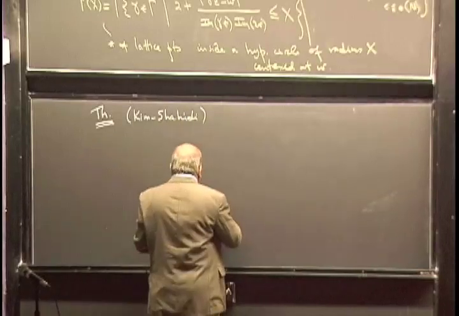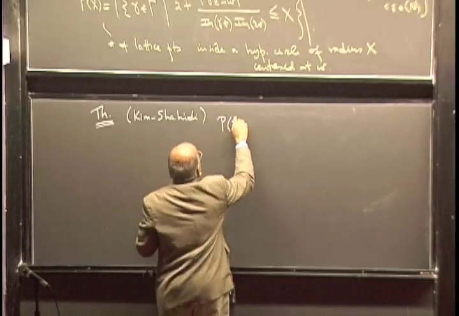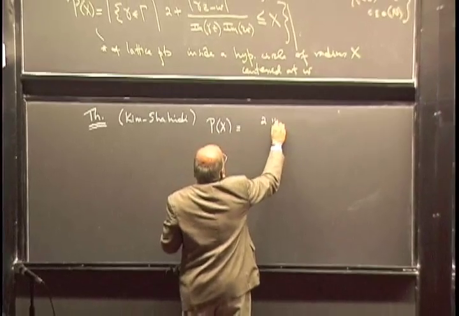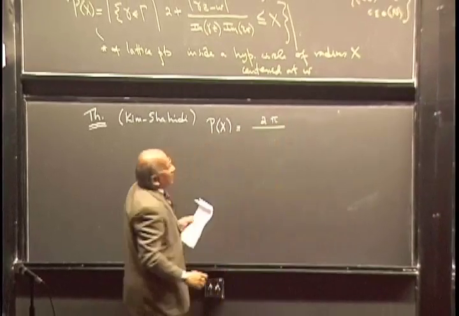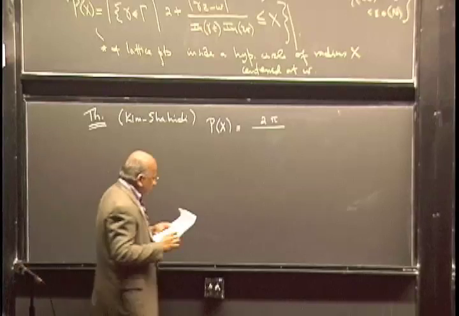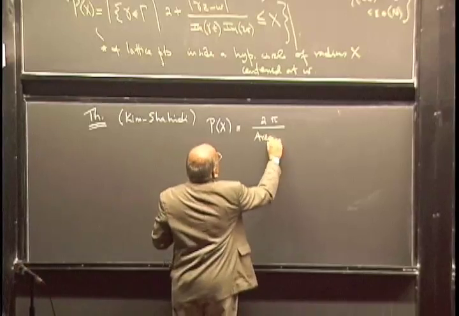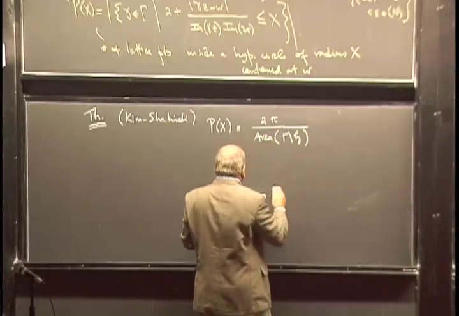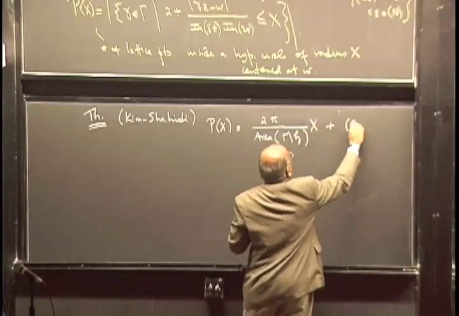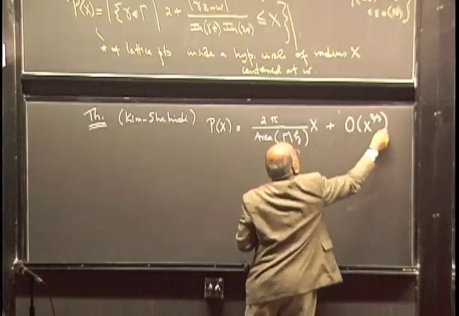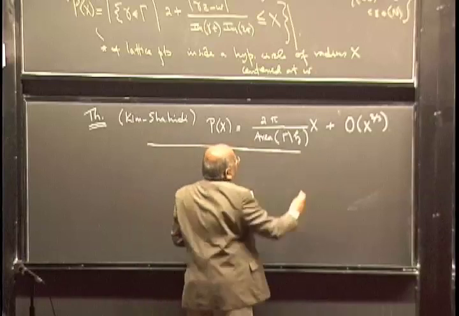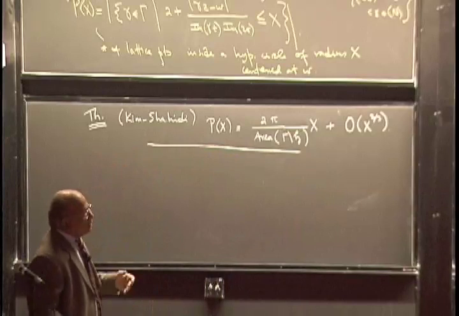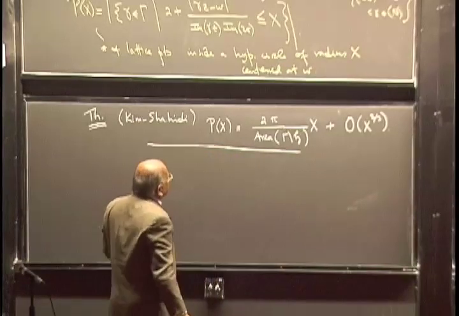They proved that P(x) is equal to 2, by the way, this 2 may have to be 1 if minus 1 is not in the group, so I will ignore that, times the area of H mod Gamma, divided by this, times x, plus a remainder term, x to the 2/3 power. Hopefully I'll get to say something about why this is true a little later. But I just wanted to put it up so that it's a very natural problem.